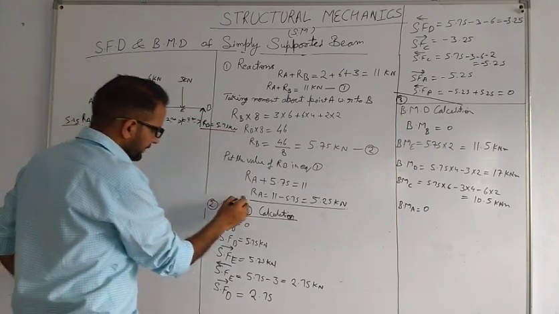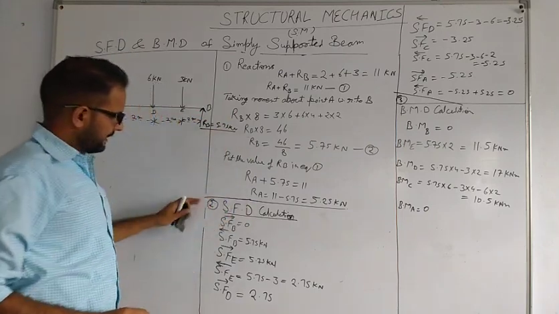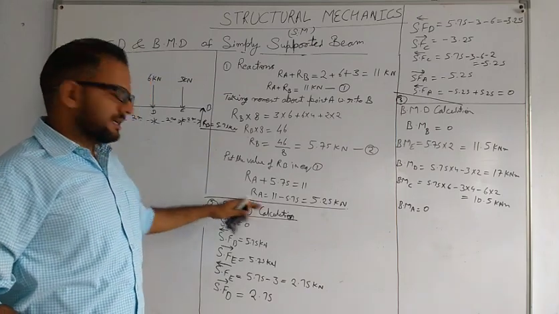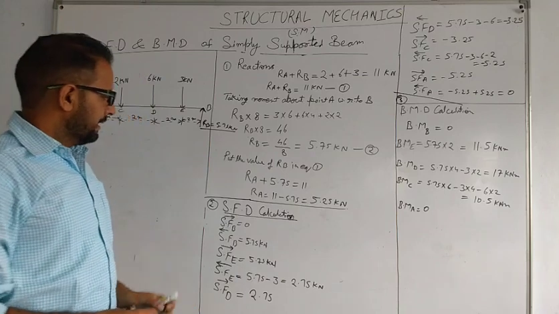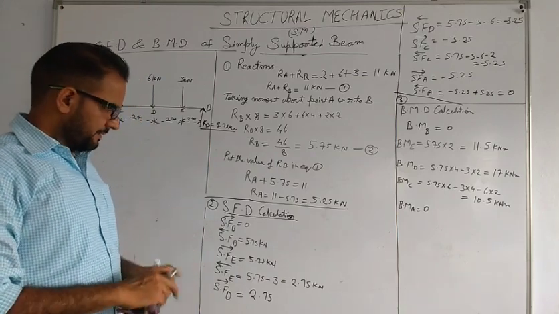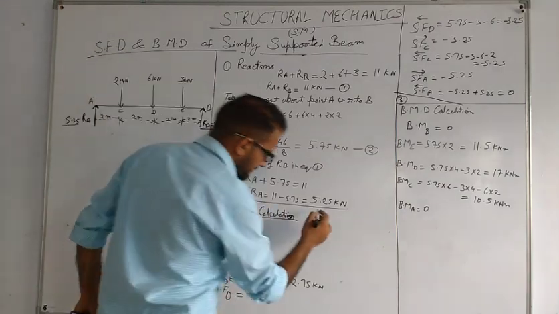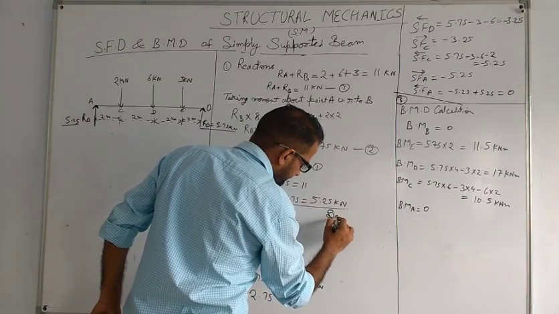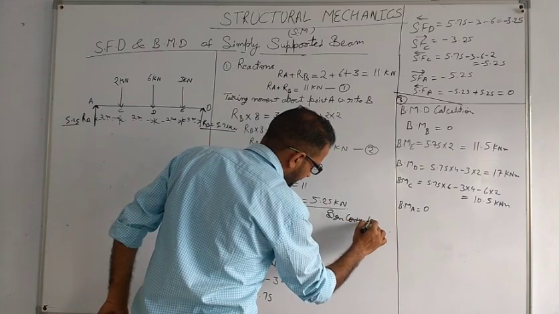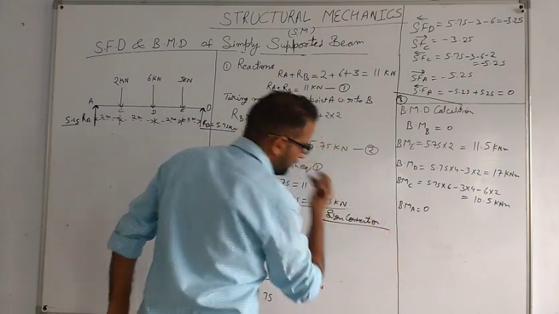Now we go to step number 2, which is the shear force diagram calculation. In the shear force diagram calculation, one thing you have to remember is the sign convention. This is very important.